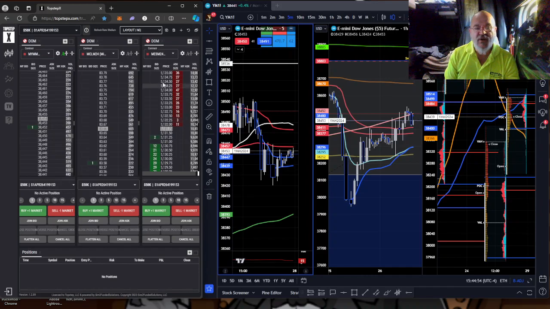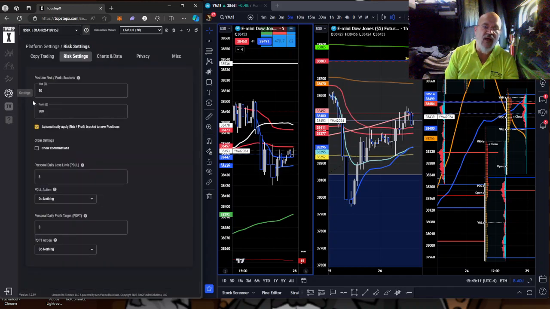I don't have any charts up on TopStepX. I know my risk settings. Those are the settings I want to use if I'm trading the Dow. If I'm looking for a trade in any other asset, then I need to go in and fix my risk settings according to the asset I'm looking to trade.